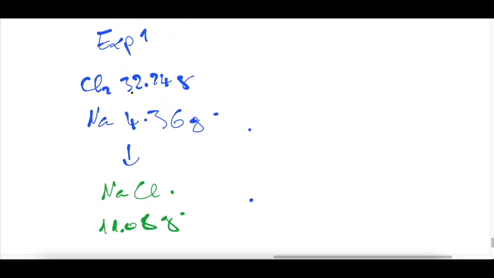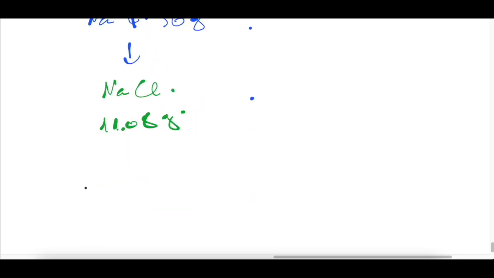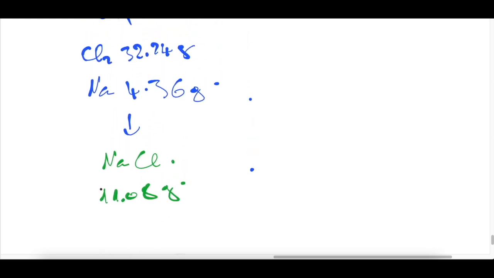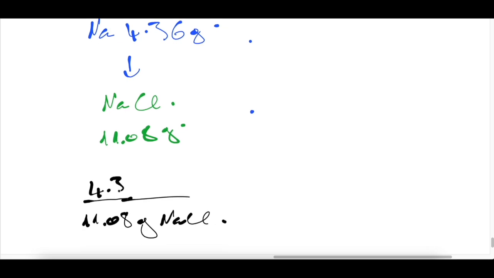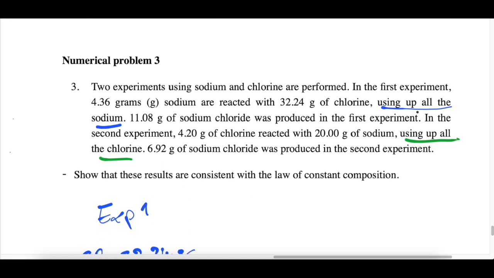From this result, we can see that for every 11.08 grams of sodium chloride product, we have 4.36 grams of sodium. Why? Because all the sodium was used, since it was the smallest mass.